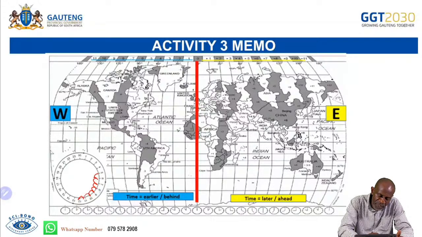So the time will be 5 hours, counting from 12 backwards on our clock. If we count 7 places from 12, we'll land at 5: 1, 2, 3, 4, 5, 6, 7, and we get to 5.